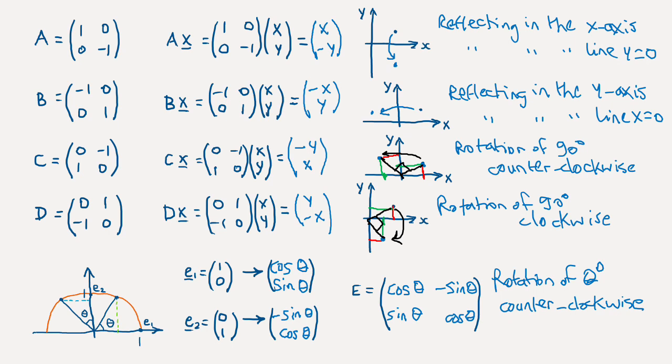Okay, and we could just test that out for one of our earlier examples. If theta is 90 degrees, then cosine of theta is 0, so we'll have zeros here, and sine of theta is 1, and so we'll have minus 1 here and 1 here, and that matches our matrix C up here.